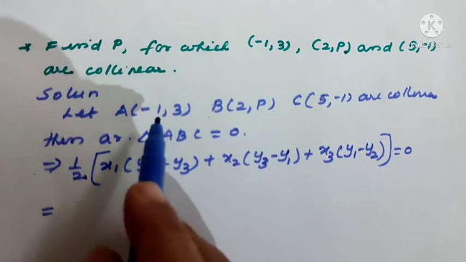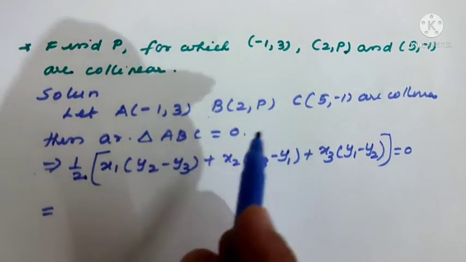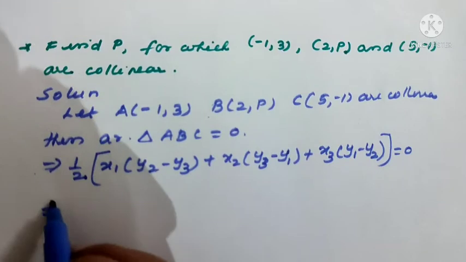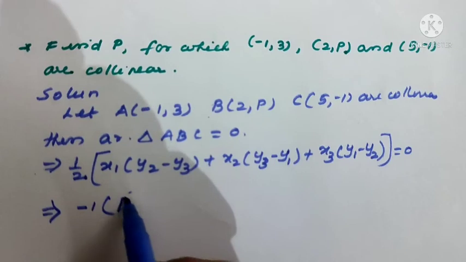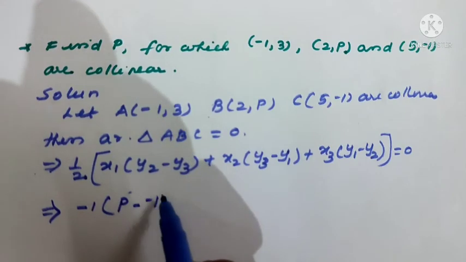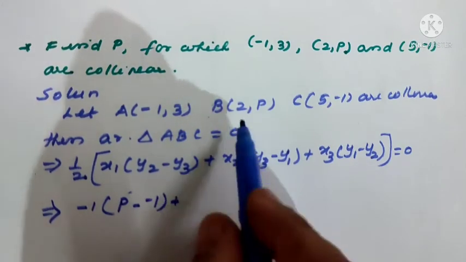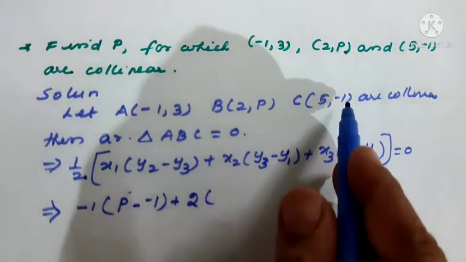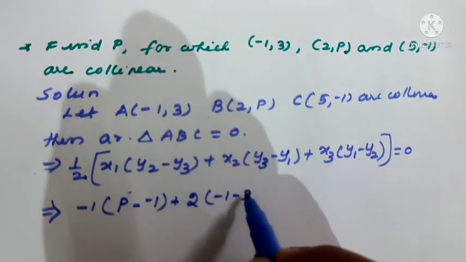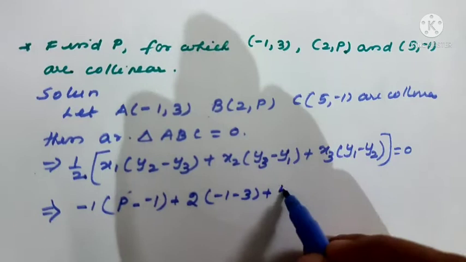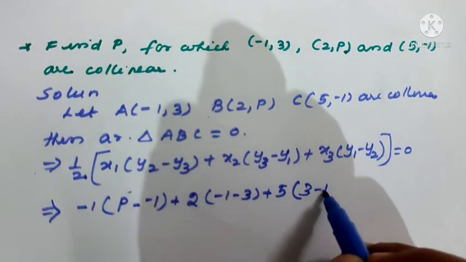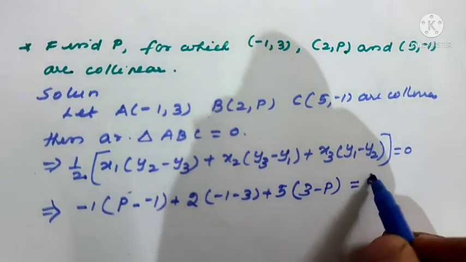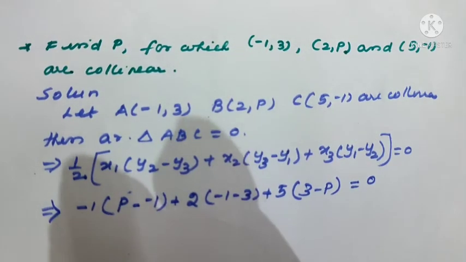Now I will substitute the three points I have written here. So minus 1 into (P minus minus 1) plus x2 means 2 into (minus 1 minus 3) plus x3 which is 5 into (y1, that is 3 minus P) equals 0. 0 into half, 0 only.